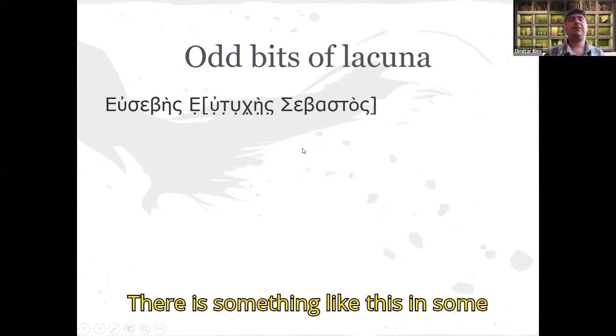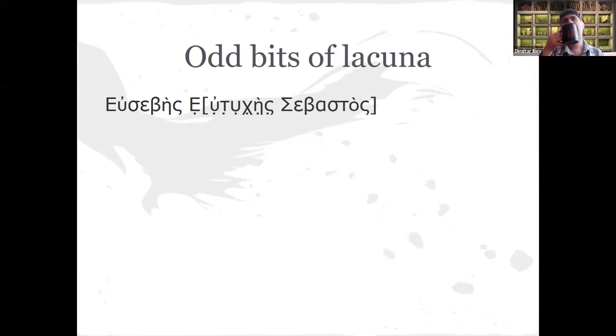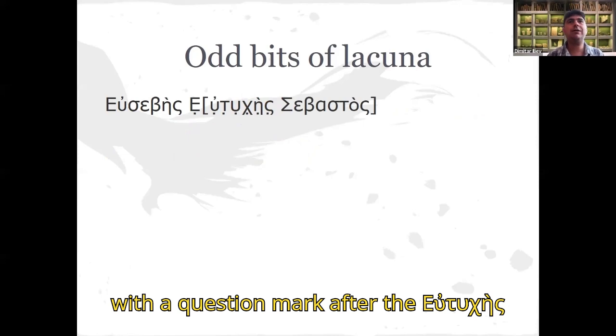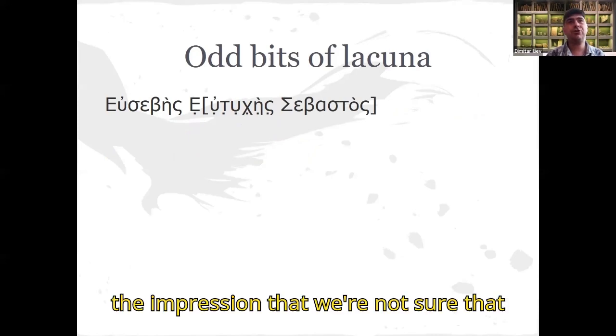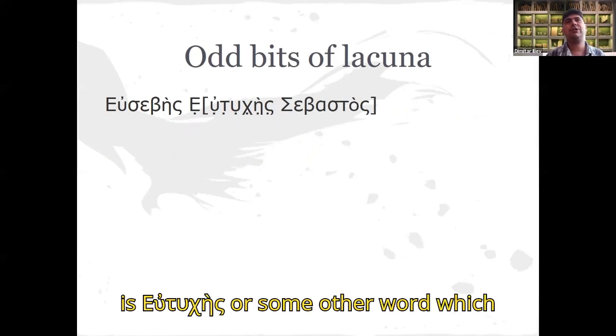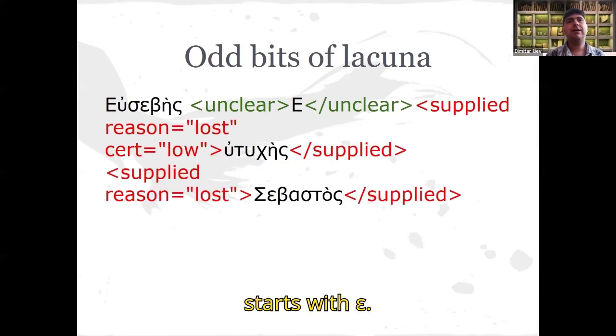There is something like this in some epigraphic publications, but the more proper way to do it is actually with a question mark after the EUTHS word, which gives the impression that we're not sure that the part which should be restored is EUTHS or some other word which starts with E. Then you put the cert attribute here.